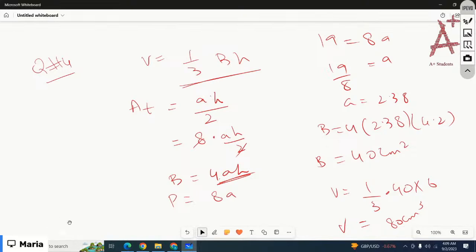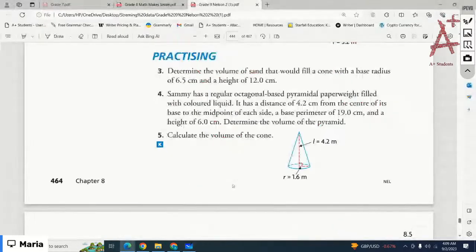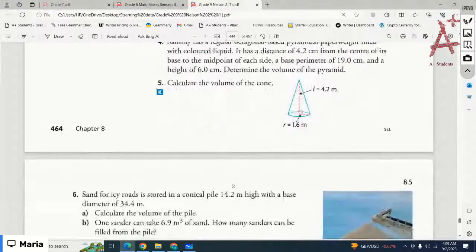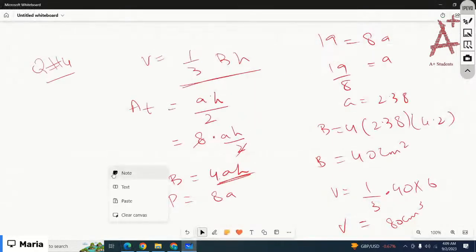The next one is, what is the volume of the cone? Question number 5. You are given l is 4.2 meter and radius is 1.6 meter.